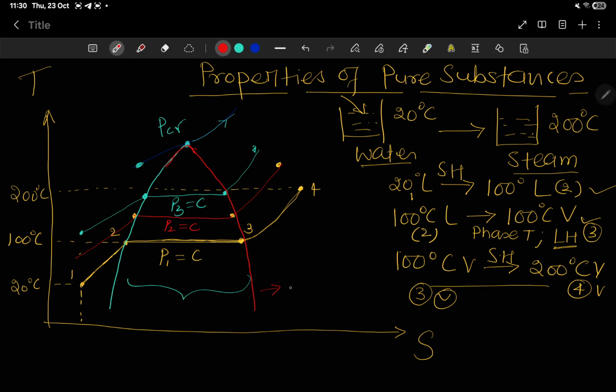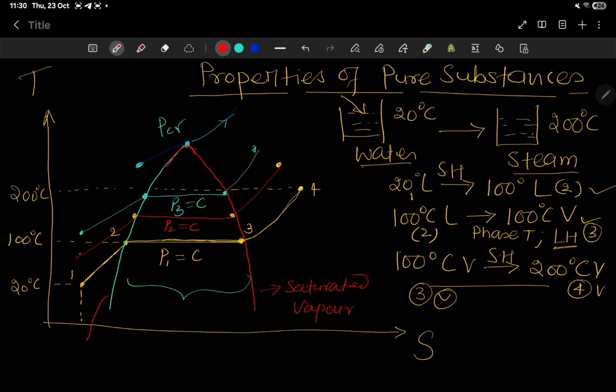This line is called the saturated vapor line.